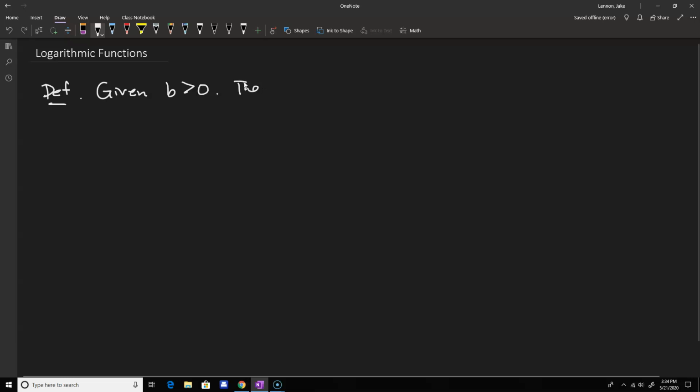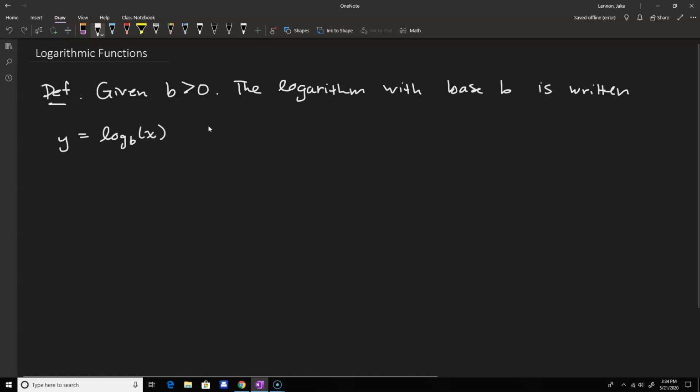The logarithm with base b is written y equals log base b of x, and is defined actually as the exponent in another equation.